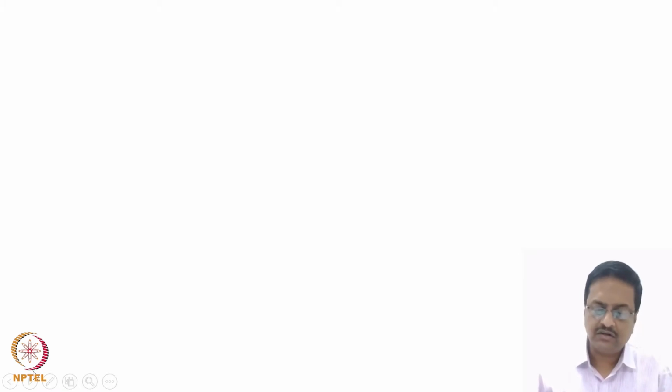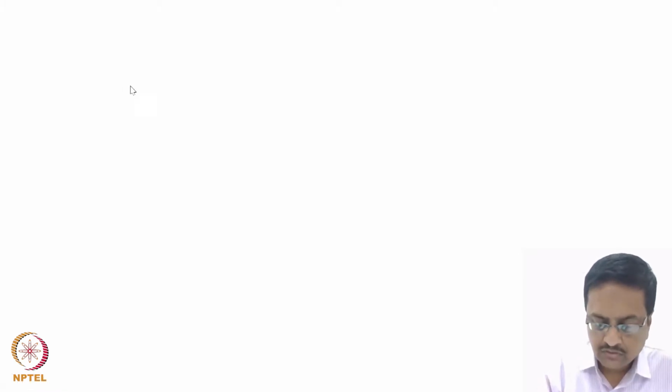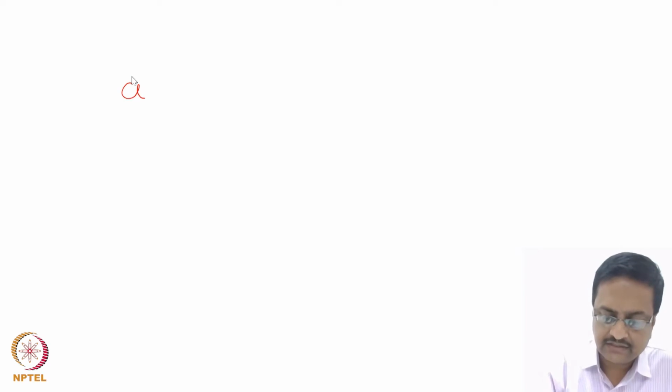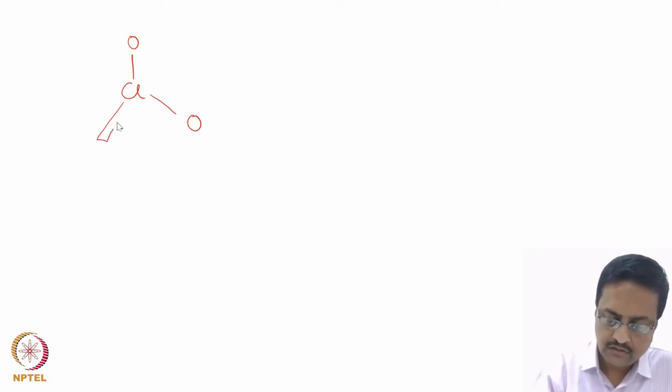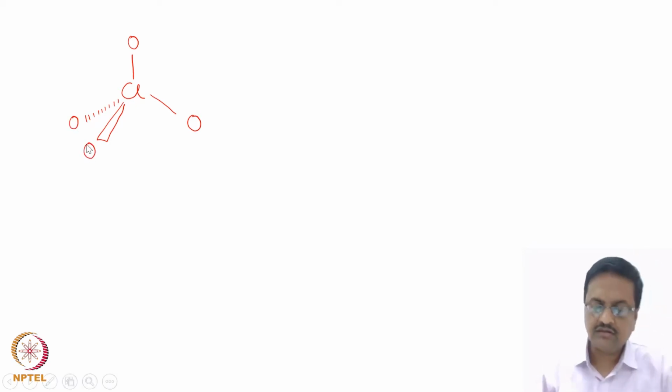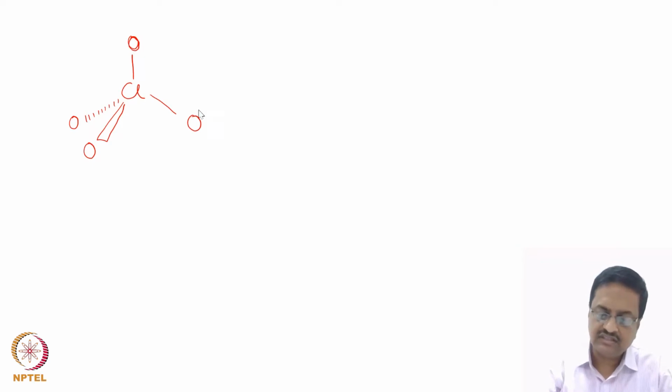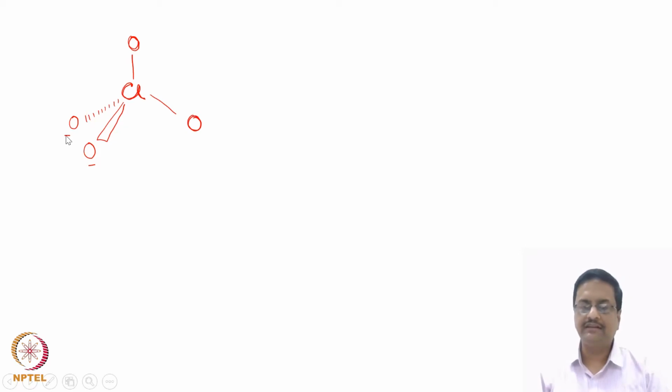The perchlorate anion, which we know is tetrahedral in shape, the way I am drawing is of course familiar to you: the two oxygen atoms and the chlorine atom are on the plane of this projection, and these two oxygens are above and below the plane.